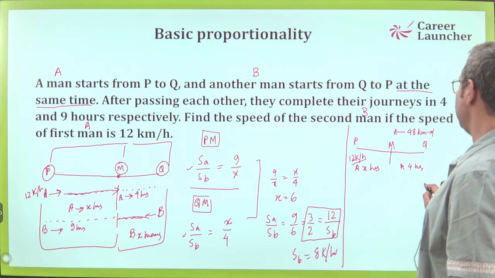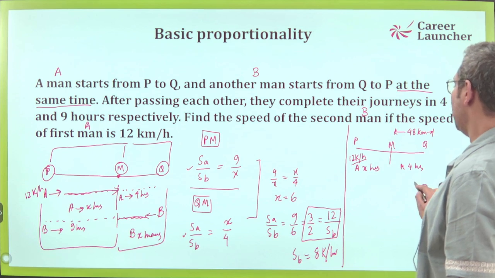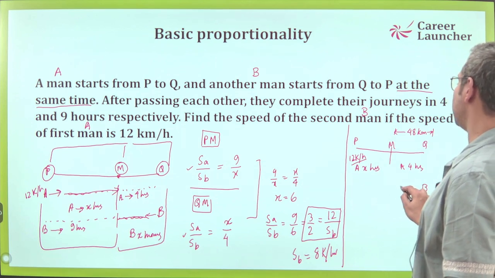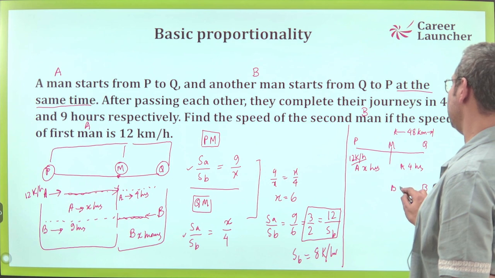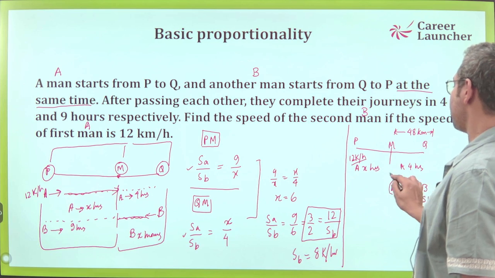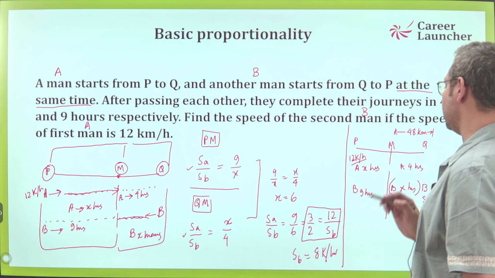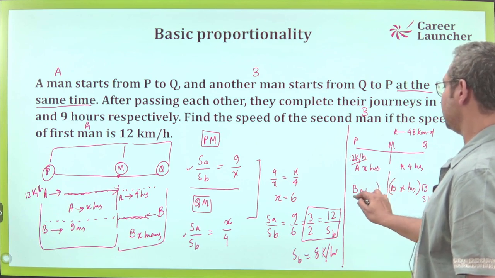Now if I assume B's speed to be let us say S kilometers per hour, okay, B has taken X hours for this, and over here B has taken 9 hours, right? That was the data.